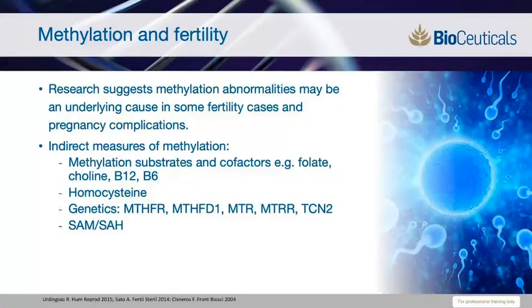In clinic, when you're working with your patients and your clients, we can't actually do that. These tests are not clinically available. So what you want to be looking at is obviously the genes. Are they at risk for having higher homocysteine or methylation problems? But also things like the folate levels, the B12 levels, what's their homocysteine. You can even look at the S-adenosyl methionine or S-adenosyl homocysteine, that SAM:SAH ratio.